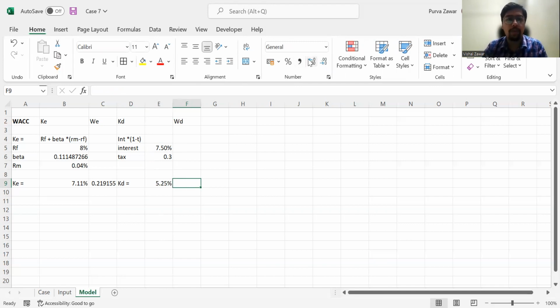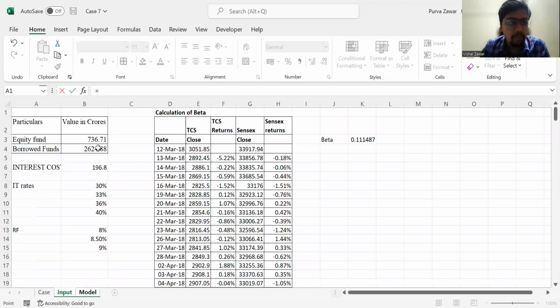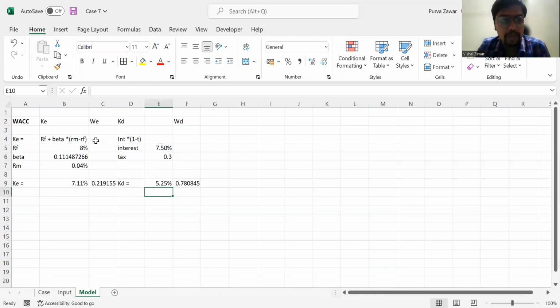And I have to find out the weight of debt. Like we found the weight of equity, the weight of debt will be debt upon total amount invested in the business, around 79%.